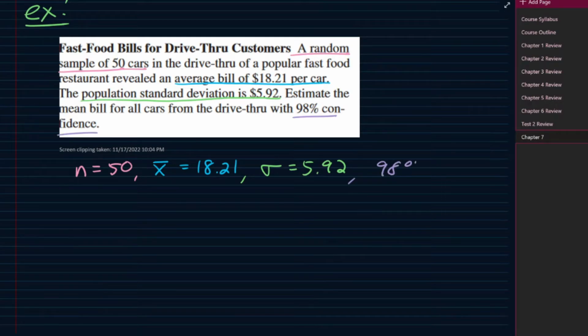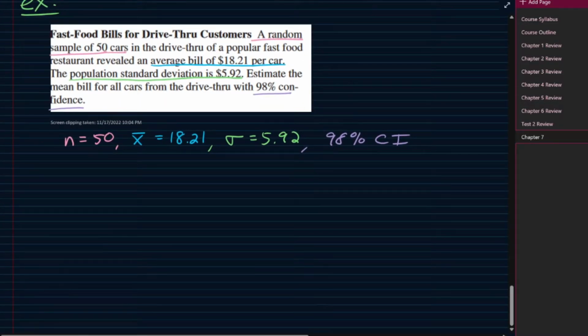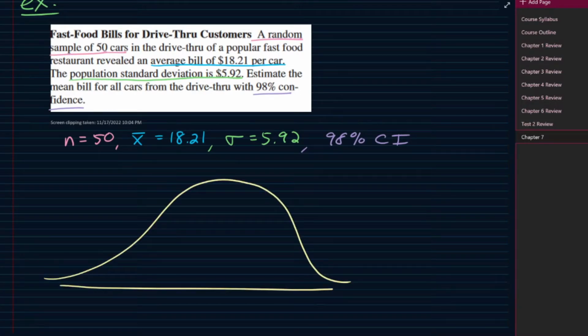So this isn't a Z star that we've got memorized, so we've got to come up with the Z star using the same method I just talked about. Let's do that first, and then we'll know what the Z star is, and then we can put it all in the formula. We want the middle to be 98% of the data.